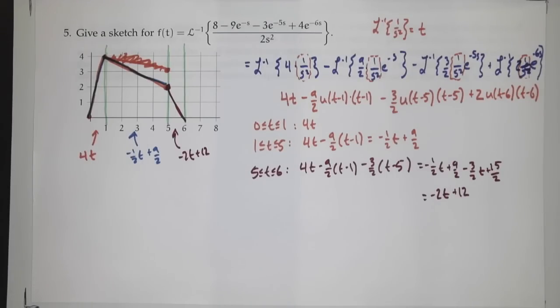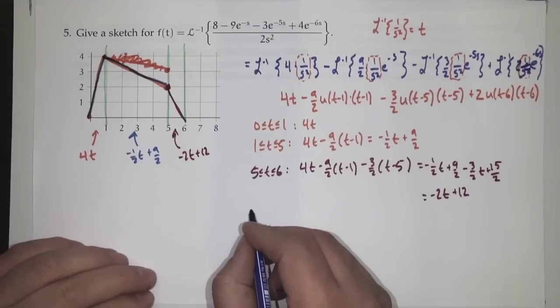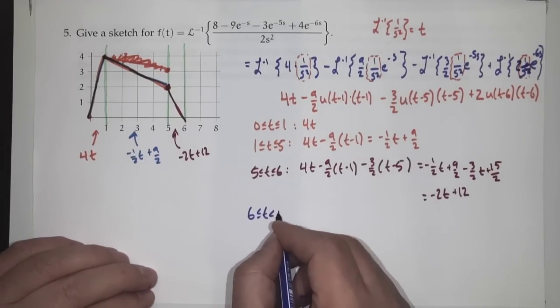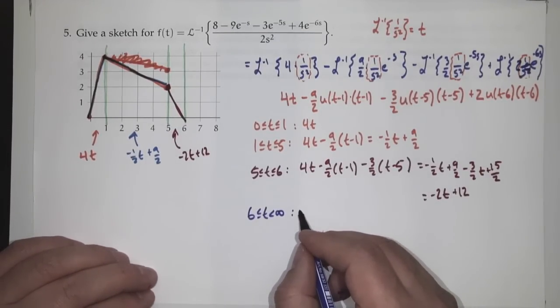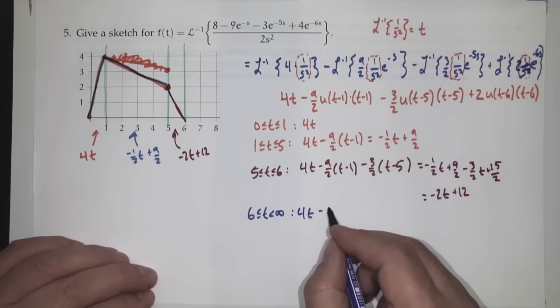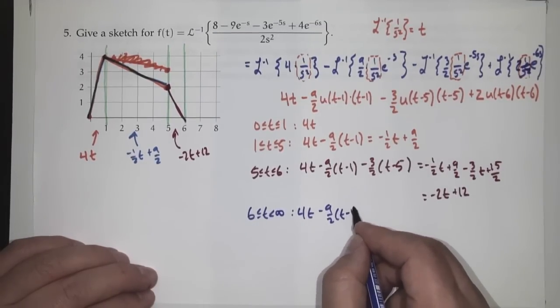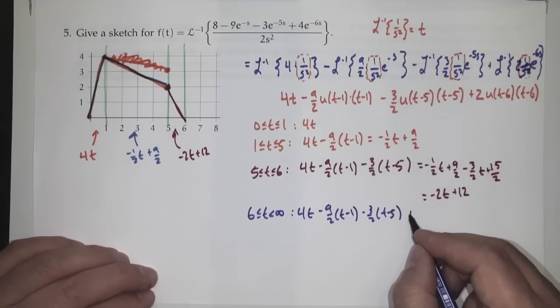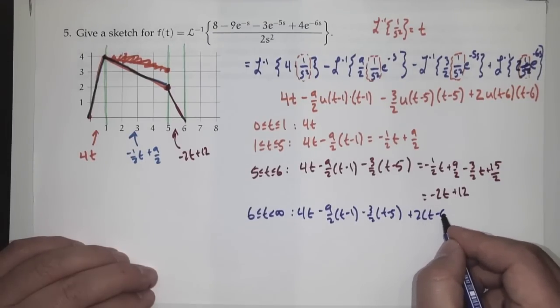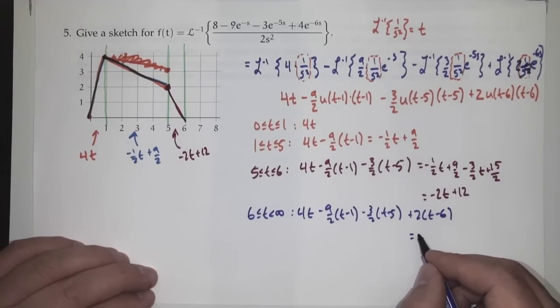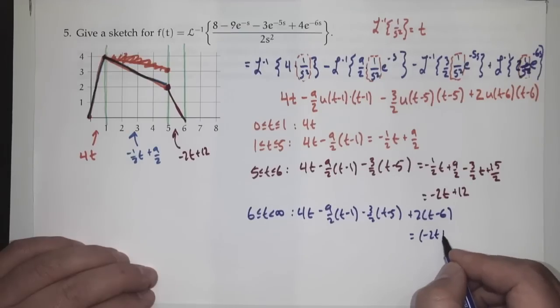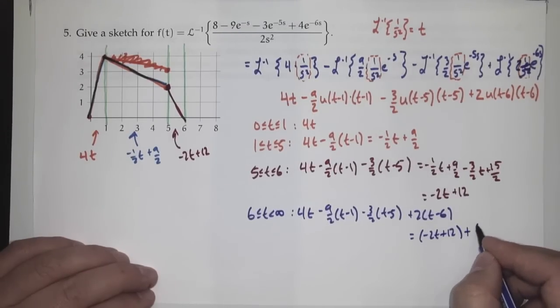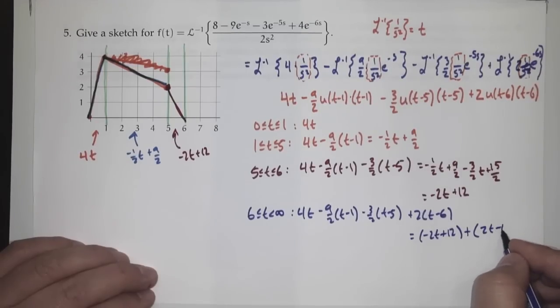And finally, we get our last part. 6 less than or equal to t less than infinity. Everything's been turned on, so all our switches are on. And so we add 2 times t minus 6. But we know that the previous part was -2t plus 12, and we're adding 2t minus 12.